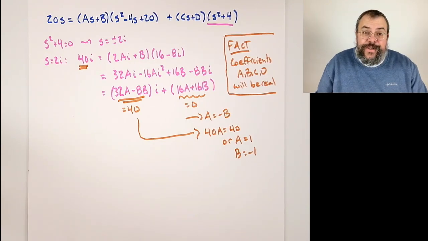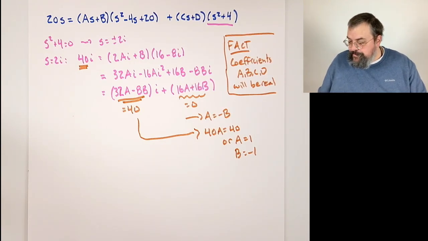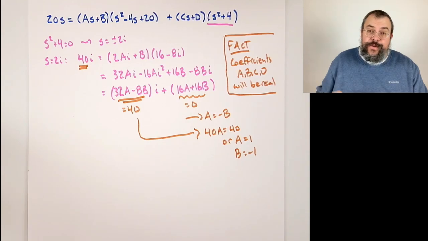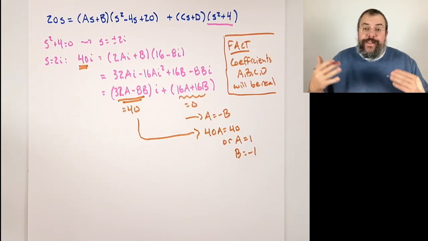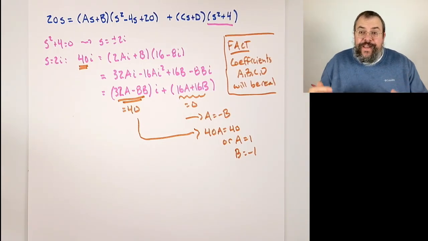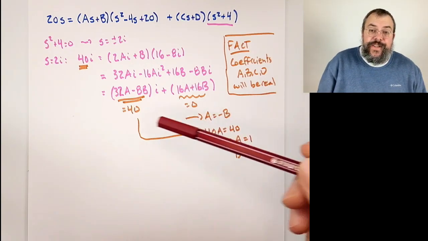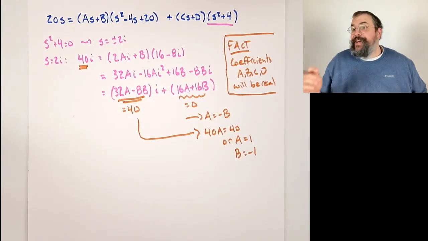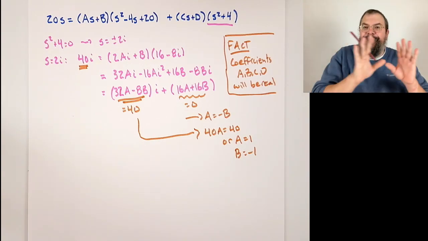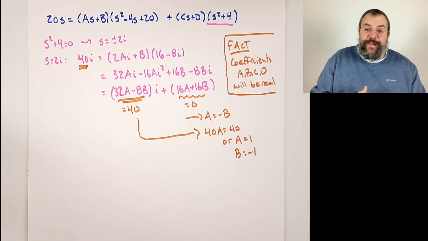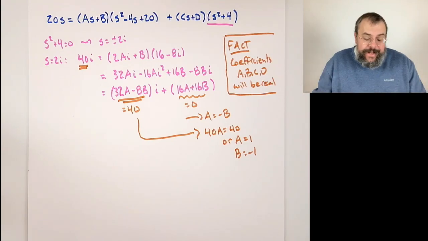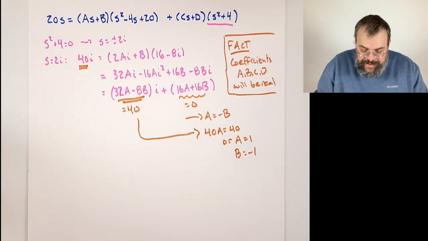And now we have our coefficients for a and b. Now we go to the other part. See how quickly that can be? If you know the fact and you're comfortable using complex numbers. If you don't know the fact, or you're not comfortable using complex numbers, what we're doing right now is going to feel not very good.